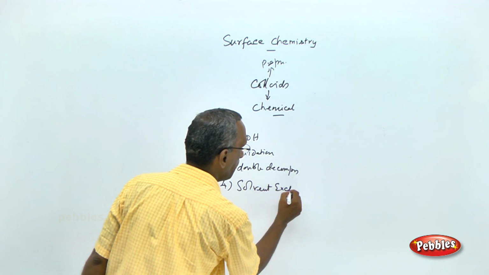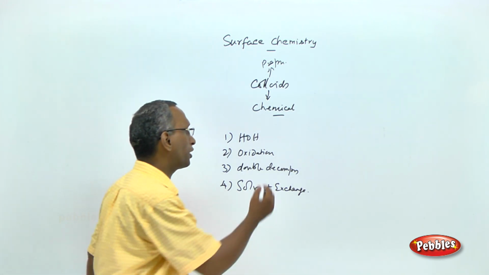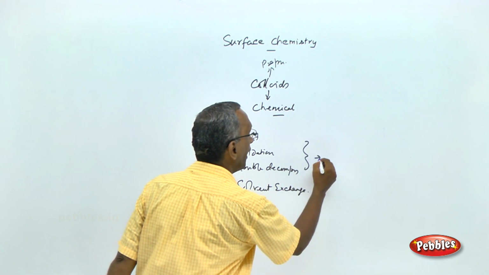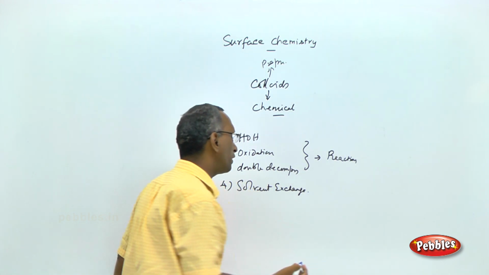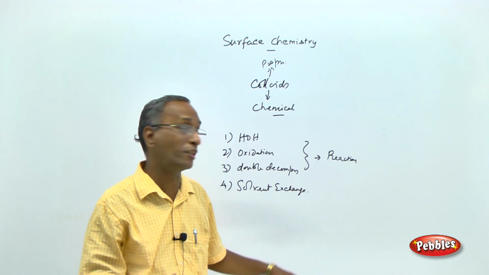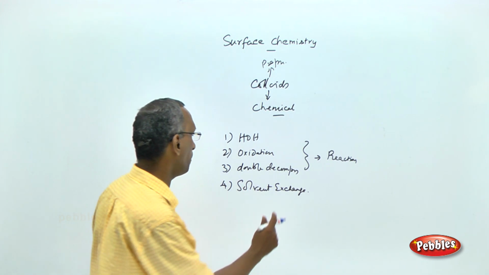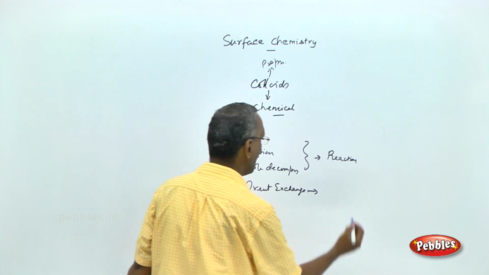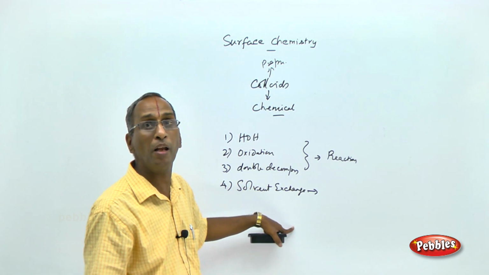Four important methods using chemicals, but the first three actually involve chemical reactions, whereas the solvent exchange method does not involve a chemical reaction. It allows only mixing with some chemicals. For example, what is meant by solvent exchange method? It is easy to remember. It is also considered a physical method.